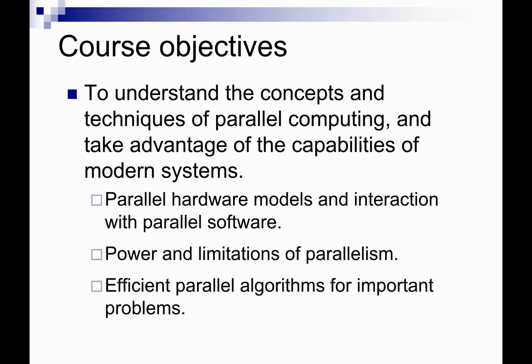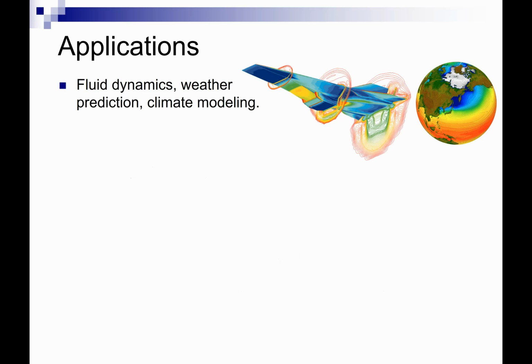And lastly, we'll talk about a number of different efficient parallel algorithms. These algorithms are often building blocks that you need to use when you write larger real-world parallel applications.